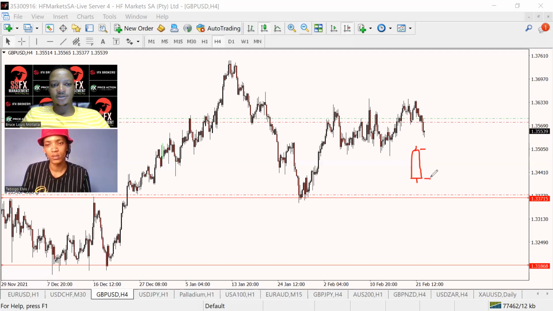Let's say it opened there and then it closed there. The next candlestick is gonna open here and then close there if it does. So this tail going there, the retracement here. You see, if you pull your Fibo from this one candlestick from there to there, this is your 61.8.